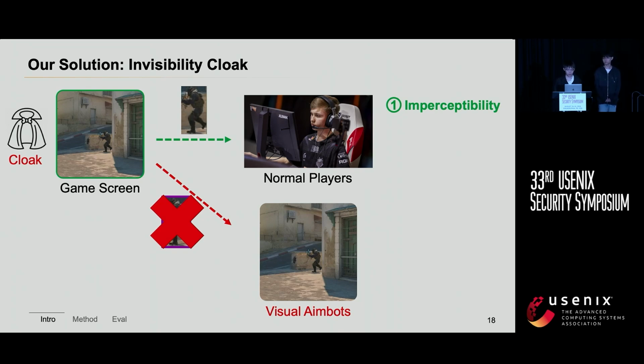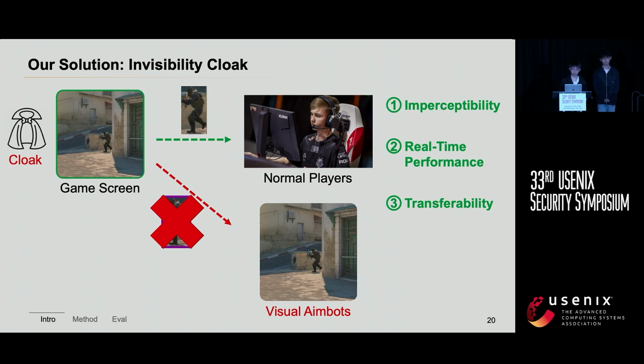First of all, because we need to ensure the player's gaming experience, it is critical to make our cloak invisible. Also, we cannot let players feel any lag in the visuals, so we designed the cloak deployment strategy to ensure real-time performance. And we can't predict which visual model cheaters may use for their aimbots.